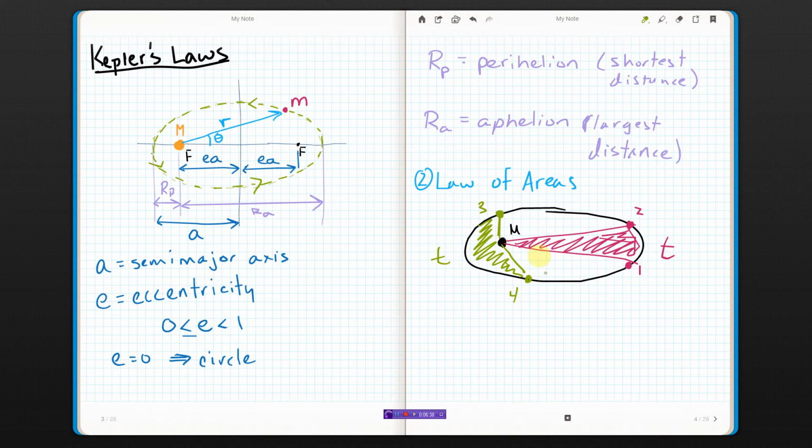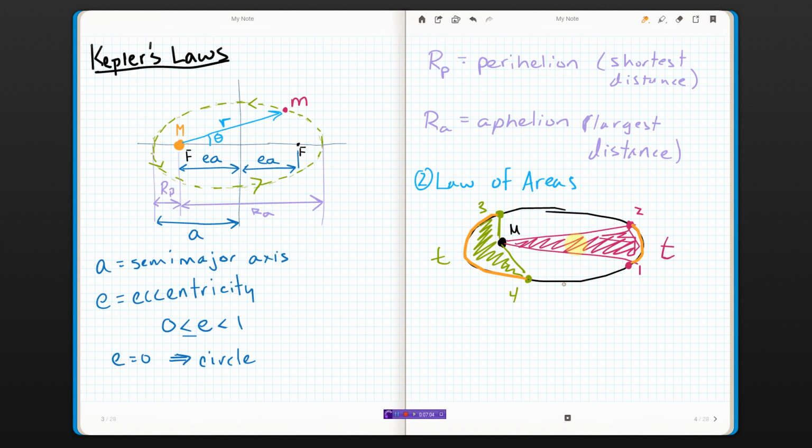That requires that over here, the planet be moving faster, because it's going over a longer arc length. From here to here, it's traveling all this way in a time t, whereas over here, it's traveling only this far in time t.